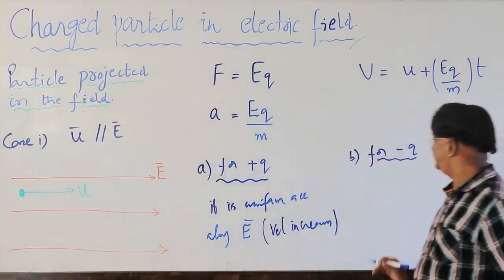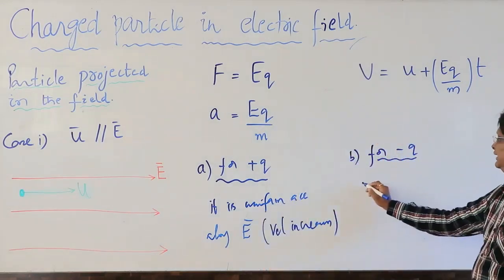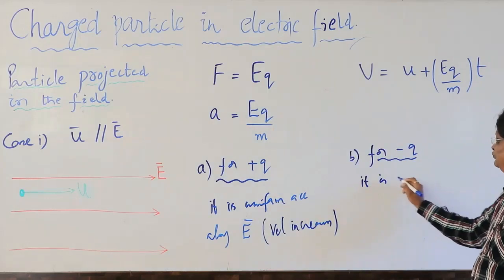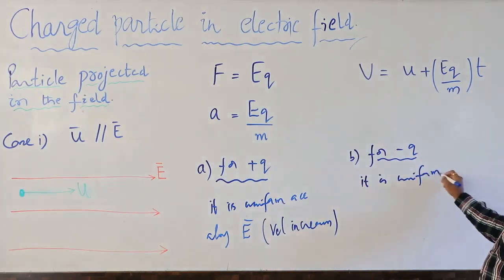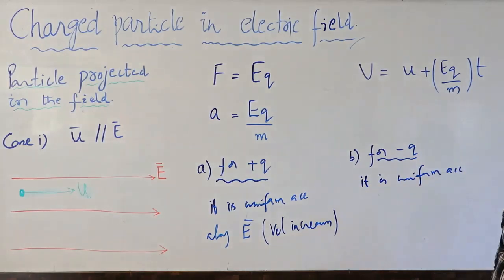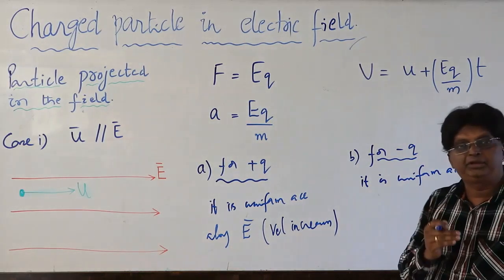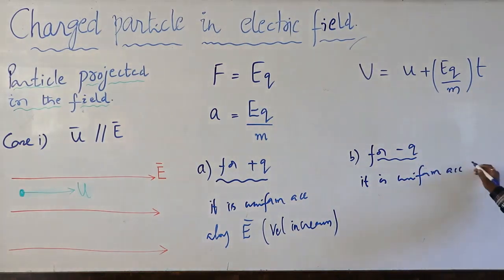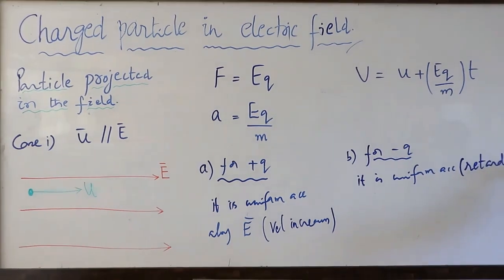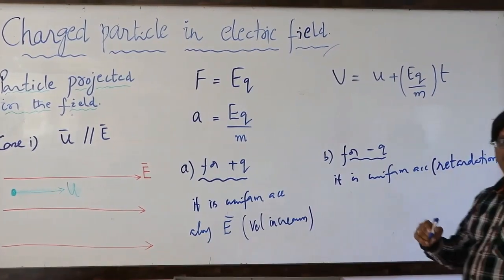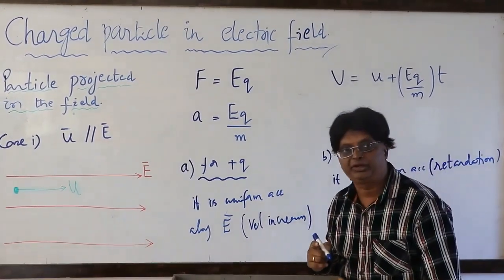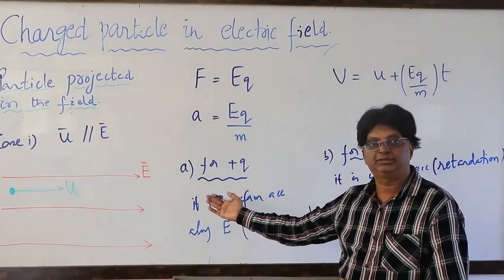Therefore, now in this case, for minus q, it is uniform acceleration. In fact, if I write it in a very loose word, I will call it retardation. Why retardation? Because force is opposite to the direction of motion.